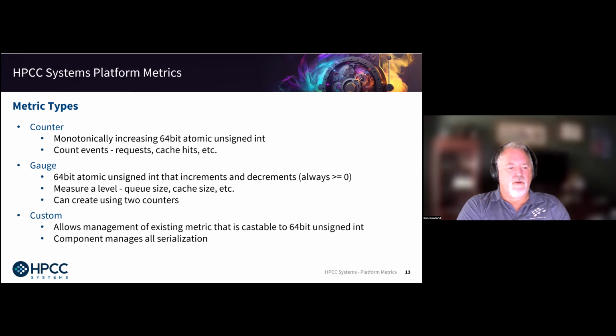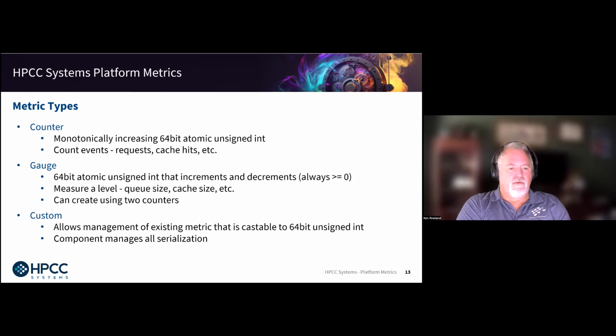These gauges are used to measure levels, queue size, cache size, things that are active generally. We don't do it, but gauges can be used to measure temperature or water level and other types of implementations. But if you had something in your platform that was doing that, you could use a gauge for that.